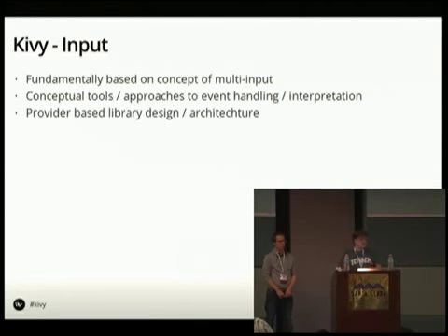Those things are really good for some things, and you can also do them with Kivy, but there's all this other stuff that we want to be able to do too. So over the years, we've put that in place, and I think we have conceptual tools and approaches to the way that the input event data is coming in and is interpreted that makes that stuff easier.